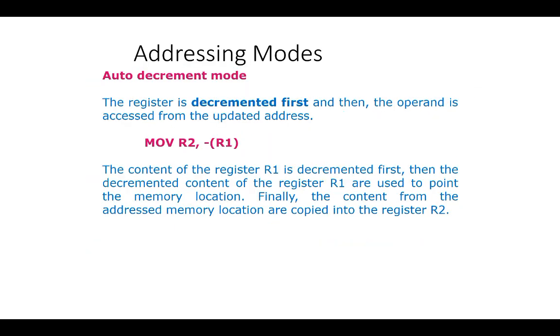The next is the auto decrement mode. This auto decrement mode does a process similar to auto increment mode. Here, the content of the register r1 is decremented first. So the first thing we do is the decrementation process.